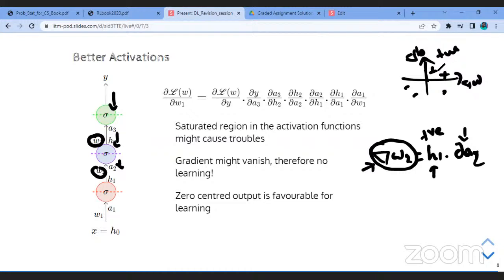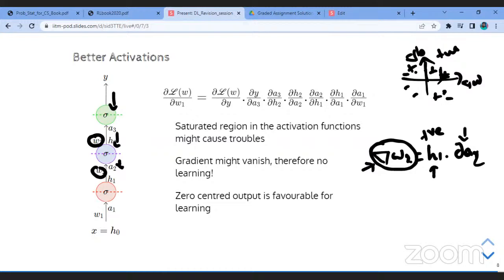This quadrant is not straightforward because of these multiplications. So one is negative-positive, and the other is positive-negative.